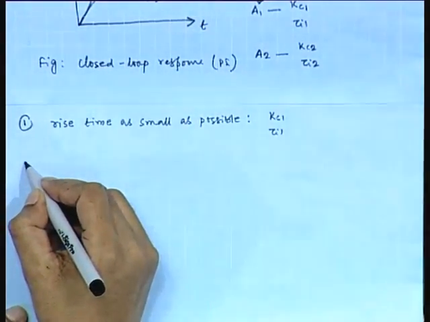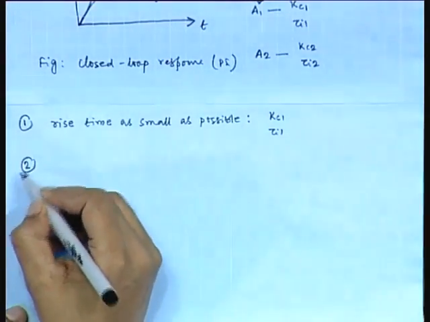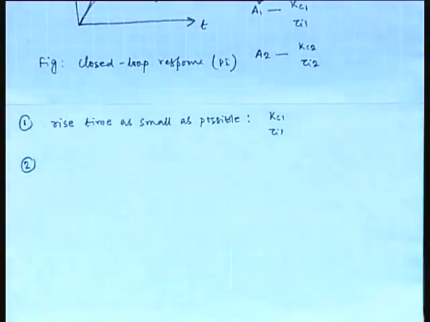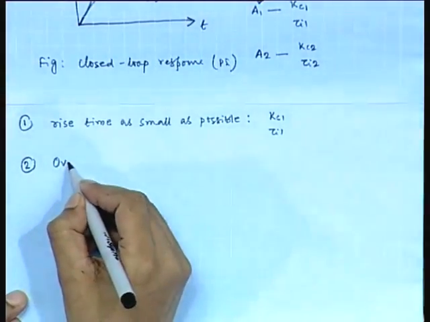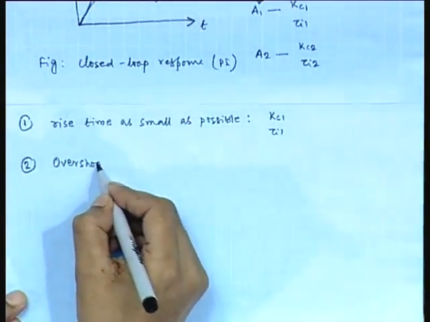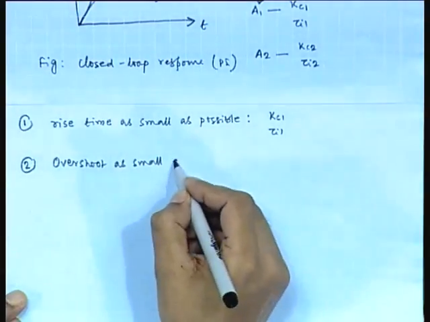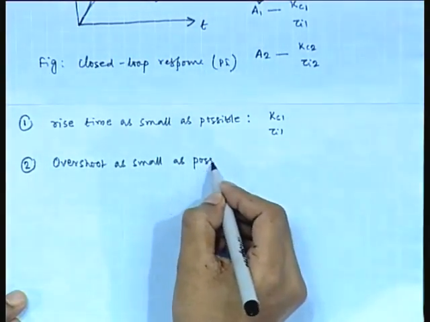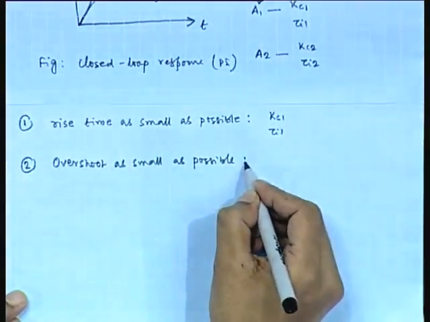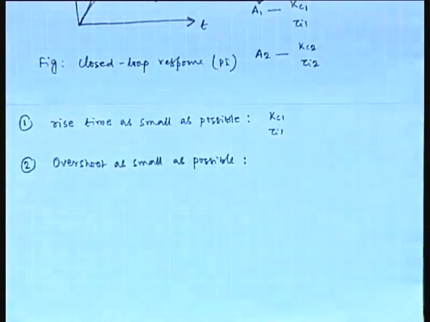Now, suppose another criteria is keep the overshoot as small as possible. So, if this is our target, which tuning set we will use?